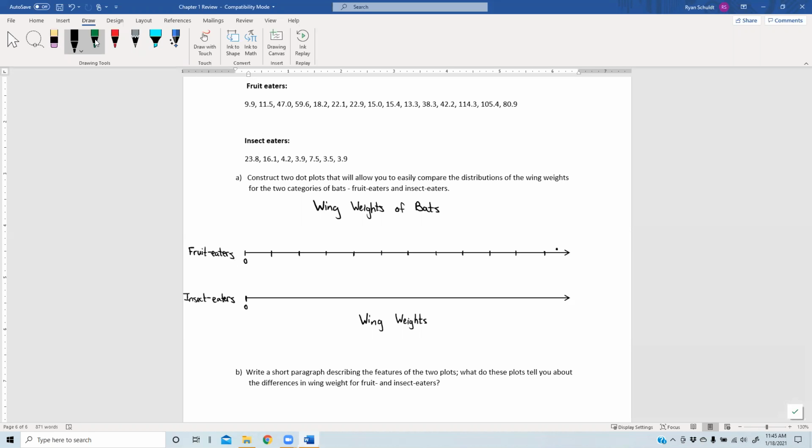Okay. So I need both lines to have the same scale. So before I even, yes, I know I just plotted 1 point, but I did that to make sure my line was big enough. So now I'm going to go to my second line and put my tick marks in there. That way I can make sure they have the same exact scale.